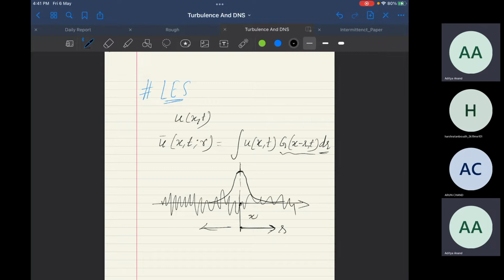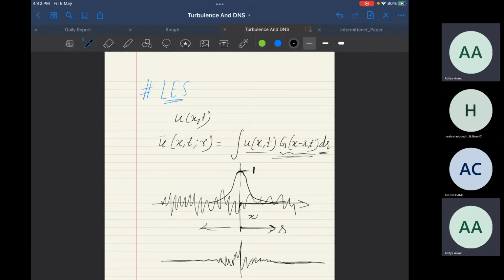When you take a product of u with G at x, let's say your filter function is defined such that at x equal to r, the value is 1. At this point there is no modulation, but as we move away from x, the fluctuations farther from this point are diminished.